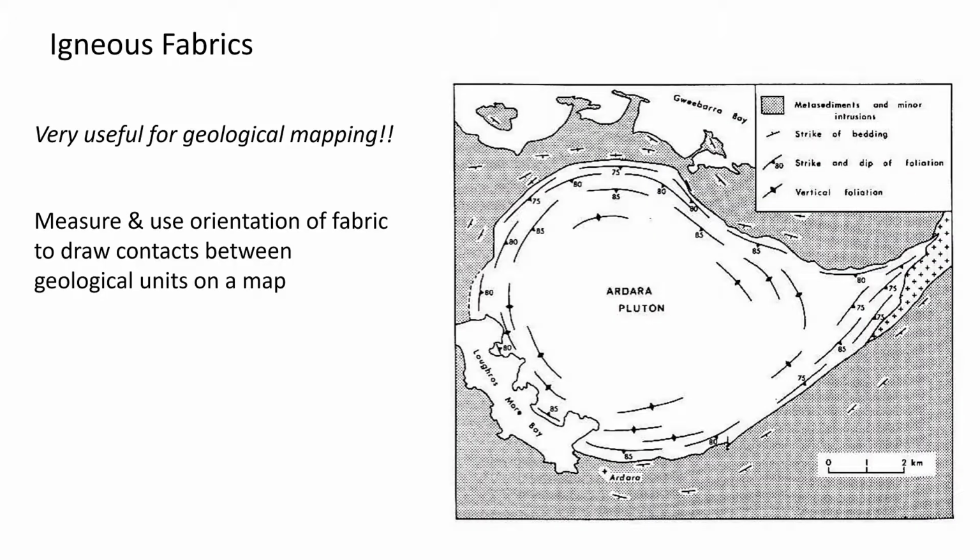And these are very useful for geological mapping because we can measure the orientation of the fabric to then help us draw contacts between geological units on a map. So it helps effectively to constrain our geological model of, in this case, how big is the pluton and what is the location of the pluton.